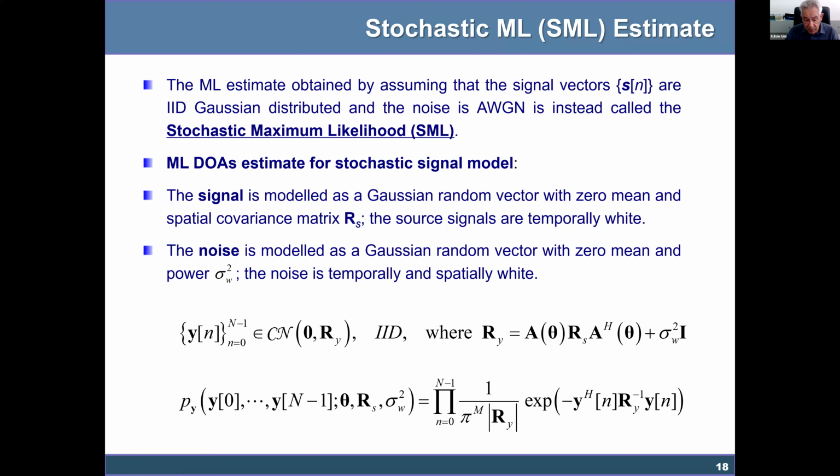So under these assumptions, if both the noise and the signal are temporally white, the joint PDF is the product of the PDFs of the n different snapshots. Each of them is Gaussian with zero mean and covariance matrix Ry, and Ry is the well-known covariance matrix that we have derived in the past.